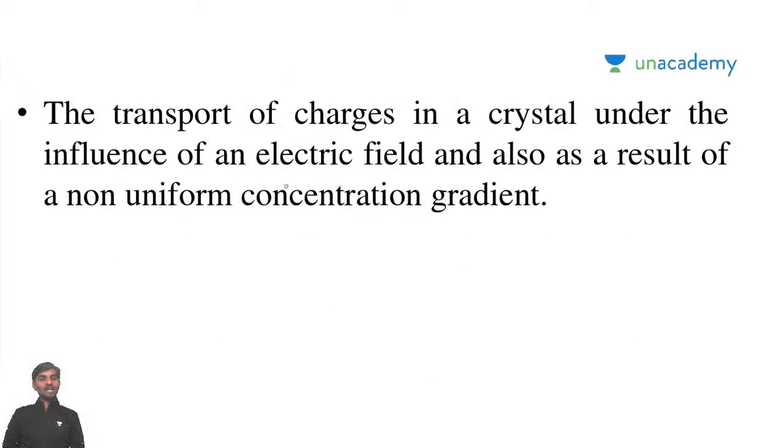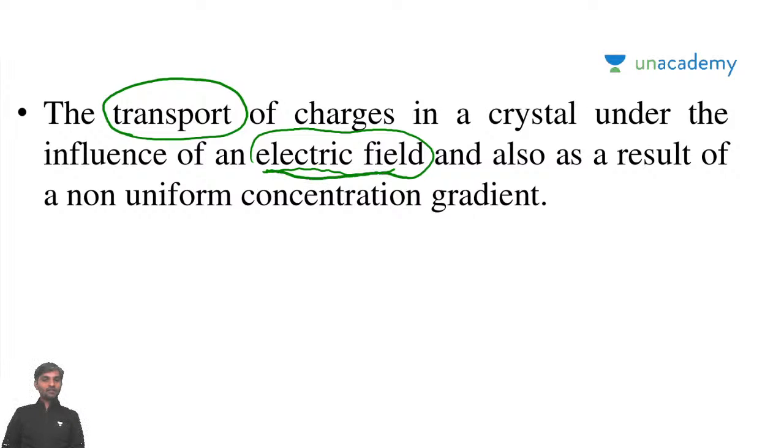The transport of charges in a crystal happens under the influence of an electric field and also as a result of non-uniform concentration. Now you understand: there are two ways the charge transportation will happen, either because of an external electric field, or because of a non-uniform concentration gradient.